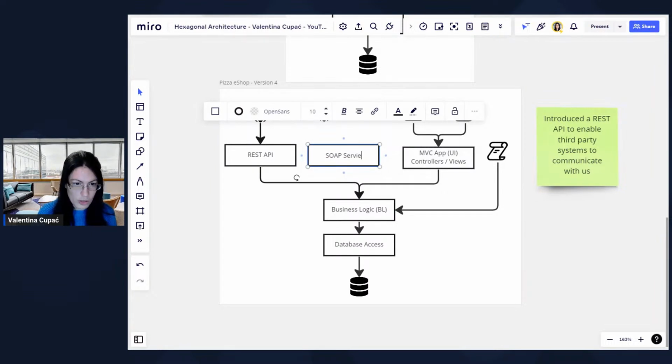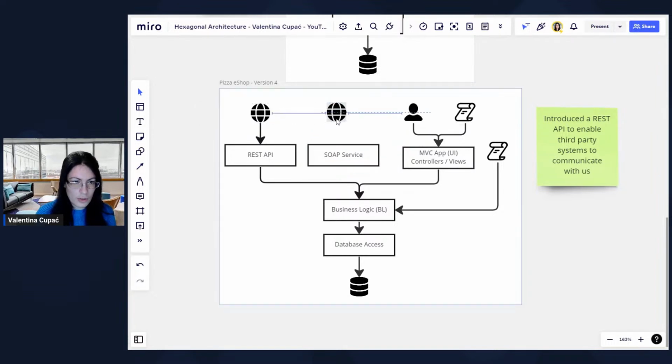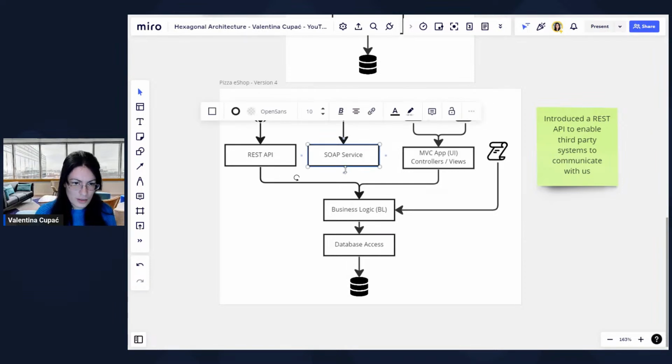So some kind of SOAP service that will be used by others. Okay. And this SOAP service is also calling our business logic.